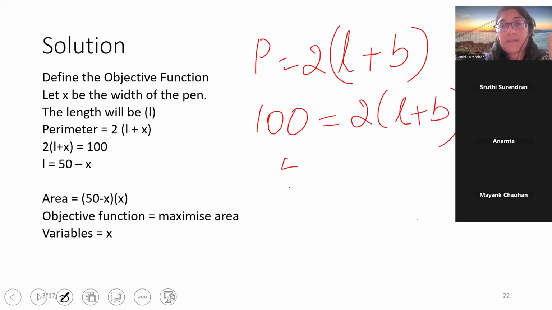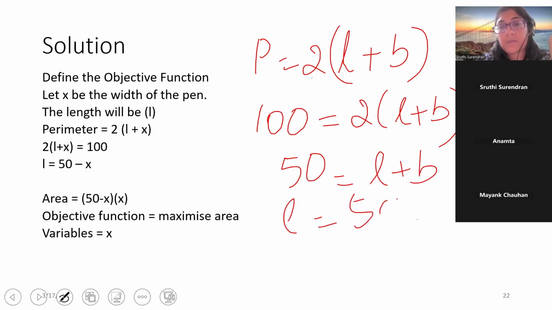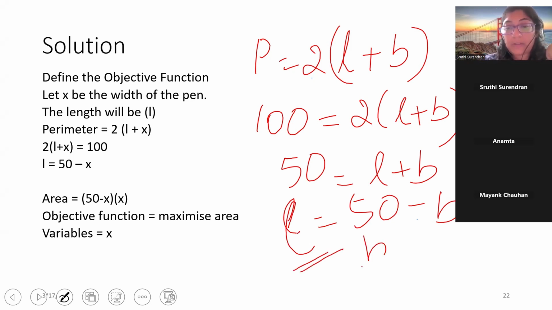Now 50 will be equal to length plus breadth. So length alone is equal to 50 minus b. So we get this term L in terms of b.